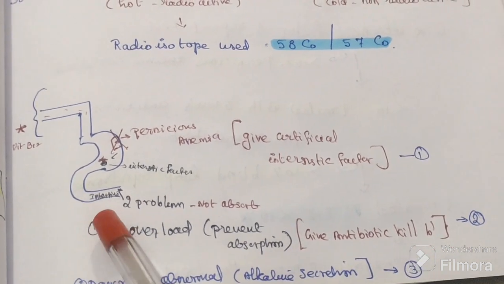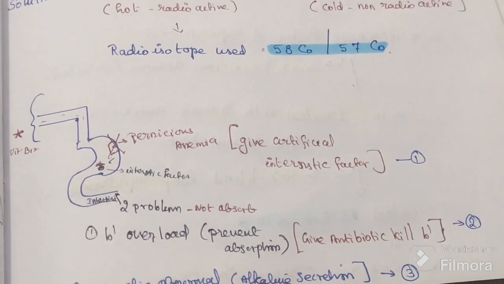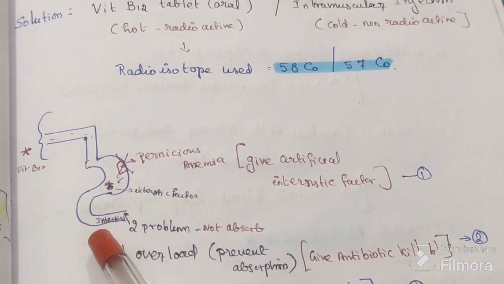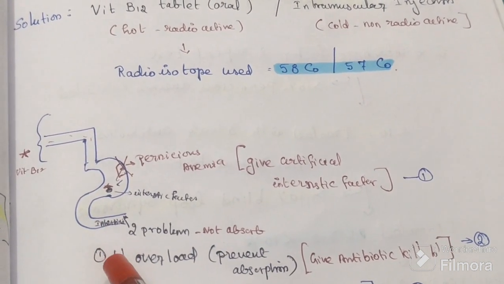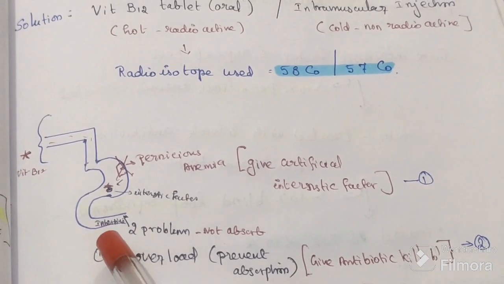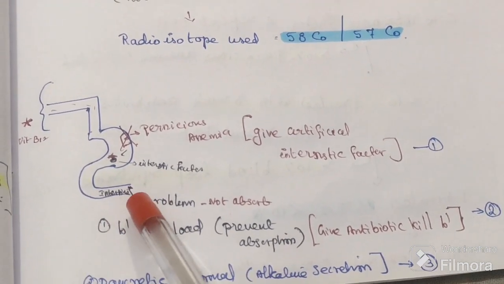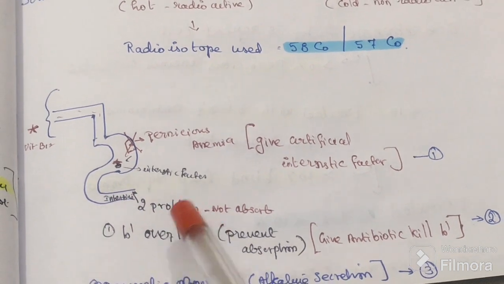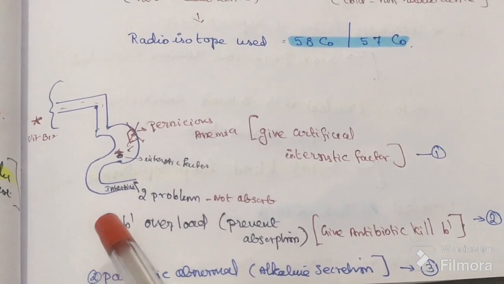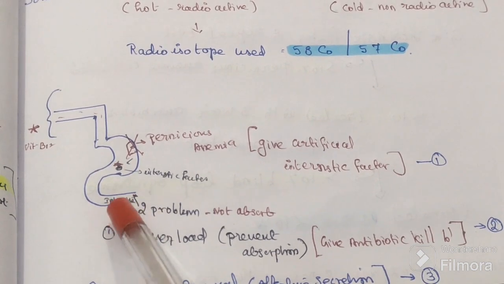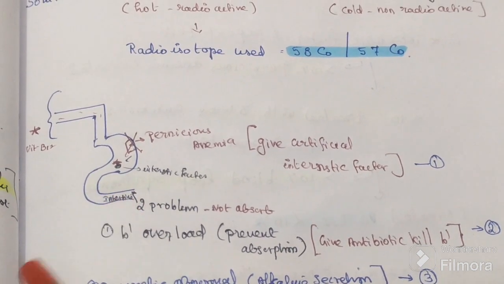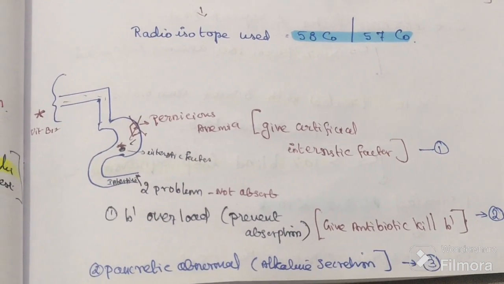One is bacterial overload, which prevents absorption. To prevent this problem, we give an antibiotic, which will kill the bacteria. After that absorption will happen. Second, pancreatic abnormality, where alkaline secretion is affected, which also prevents absorption.